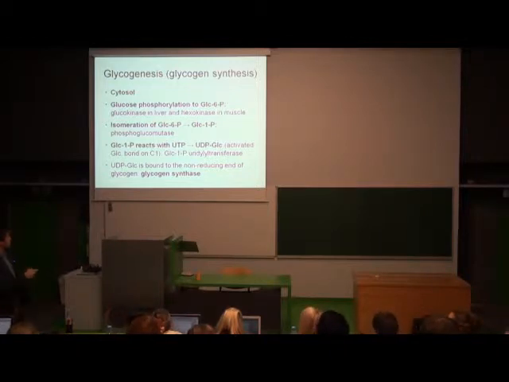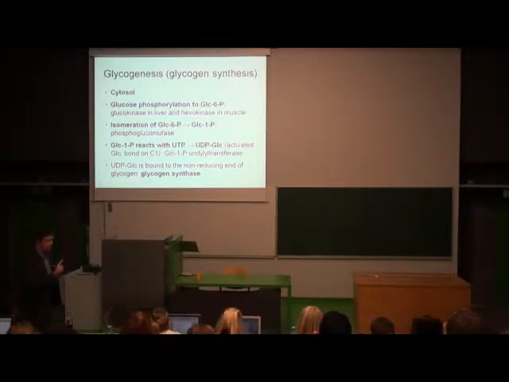So the first reaction is glucose phosphorylation to glucose 6-phosphate. In liver, catalyzed by glucokinase. In muscle, catalyzed by hexokinase. The second step is the isomerization of glucose 6-phosphate to glucose 1-phosphate. This enzyme you do not have to know.